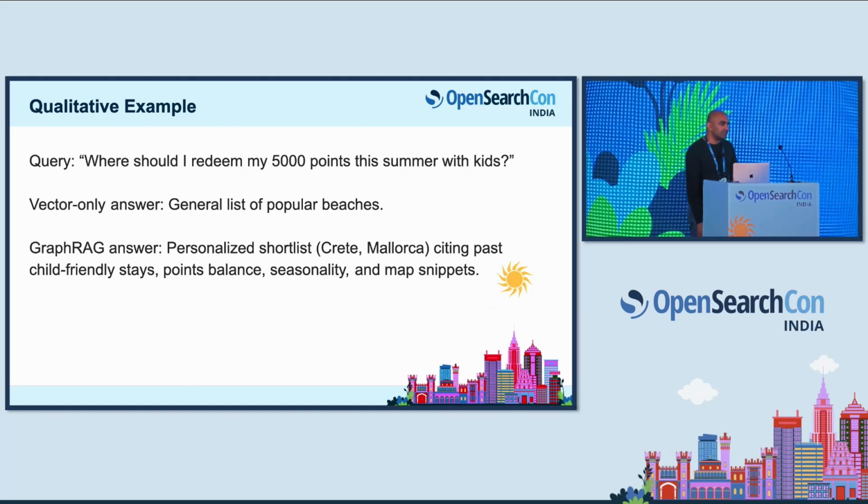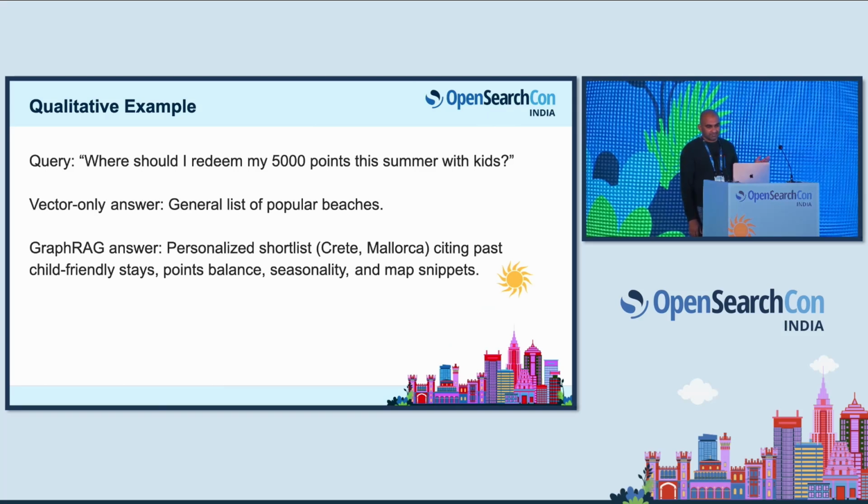If I feed it to a very simple RAG model, it might not give me all the information, and I'll come to the agentic part too, because there is some dynamism here. When you say my 5,000 points, it has to go back to your database and fetch some information, because this dynamic information might not be there in your static contextual data.